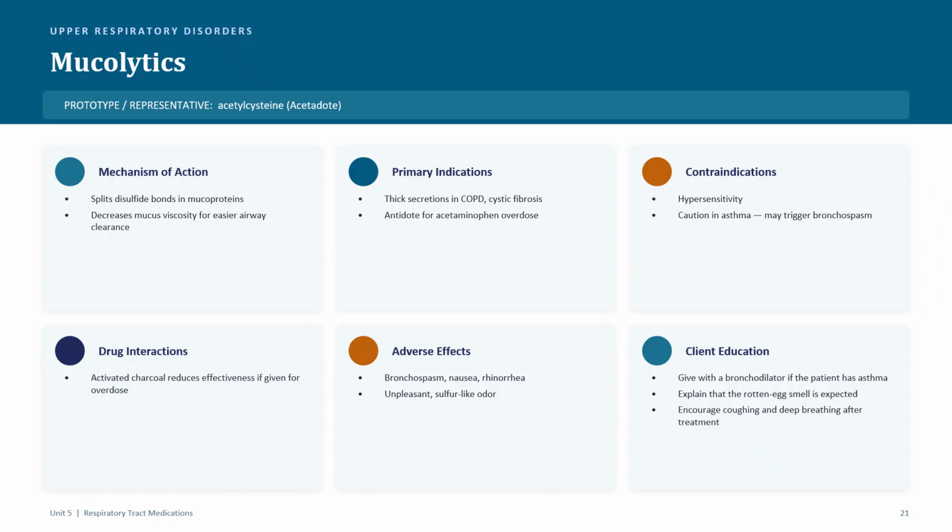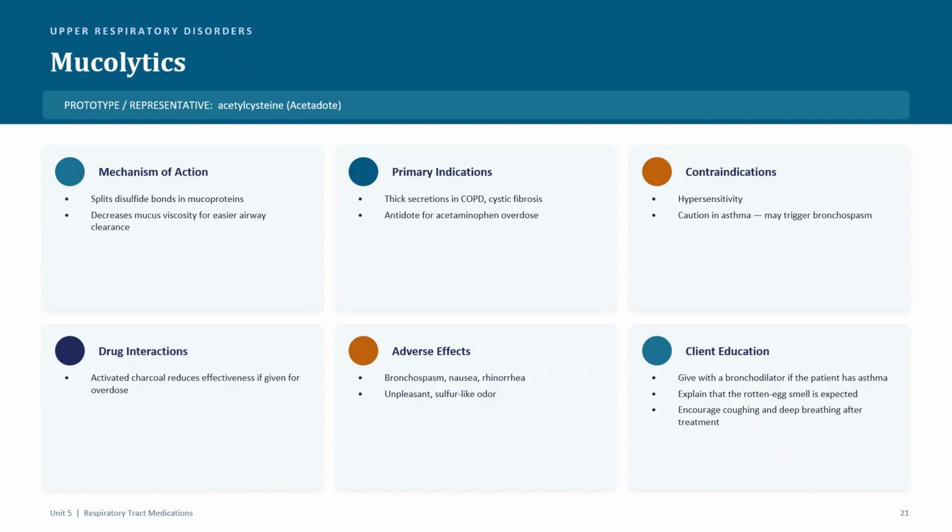One mechanism protects the liver during the overdose, and the other loosens mucus in the airway. So don't let a question about the Tylenol antidote throw you off if it's phrased in a respiratory unit context, because acetylcysteine is absolutely the antidote for acetaminophen or Tylenol overdose.